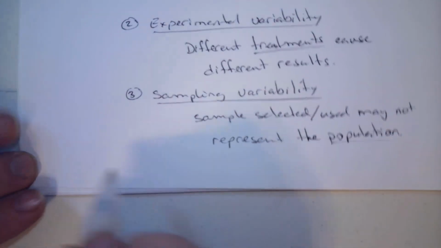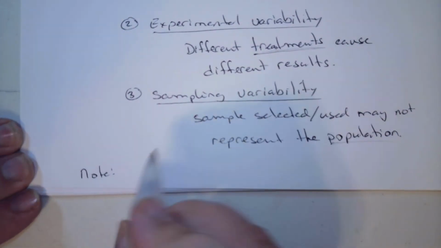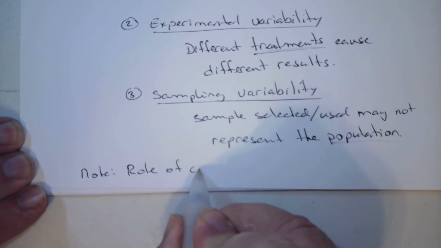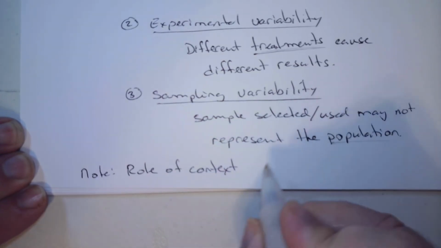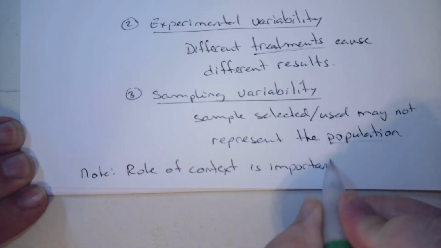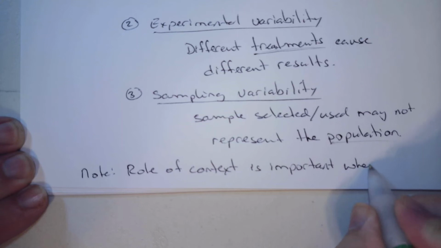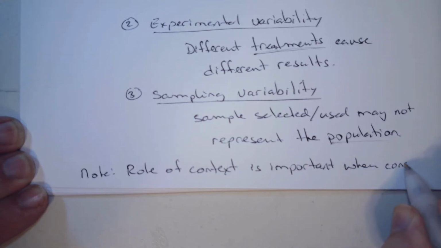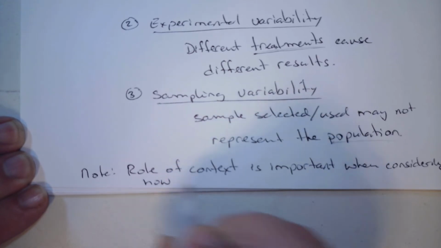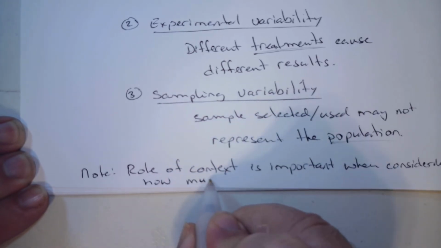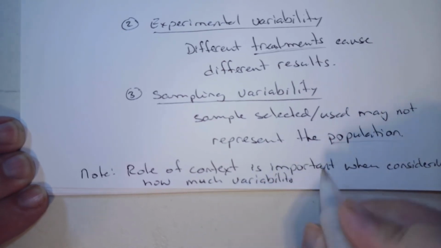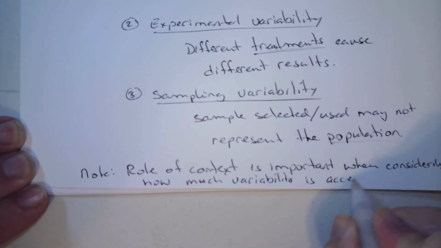And it's also very important to note the role of context when considering how much variability is acceptable.